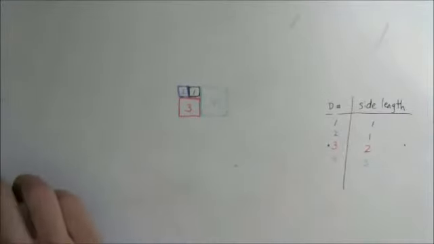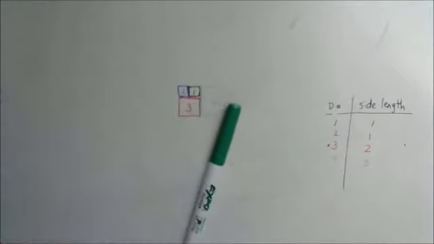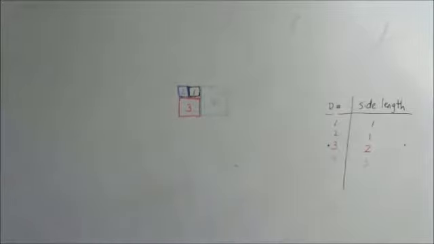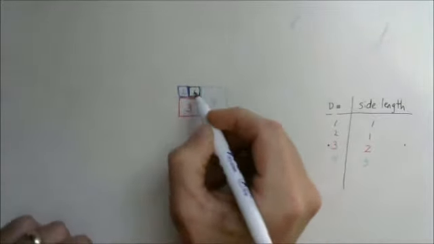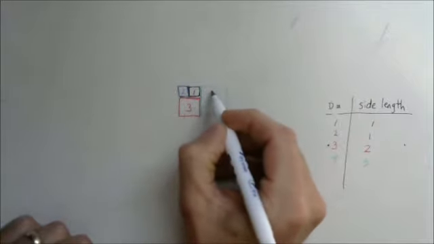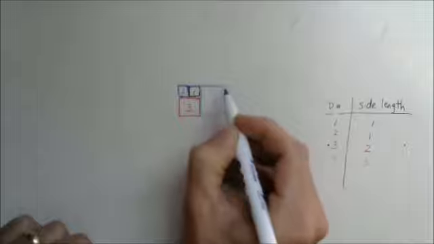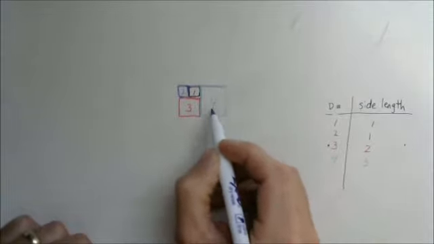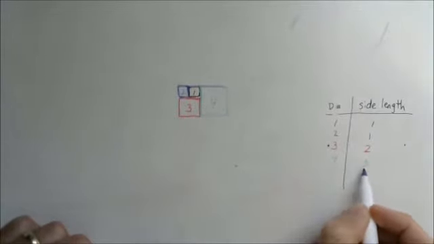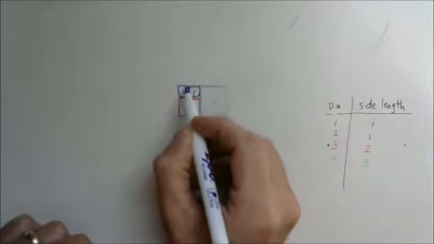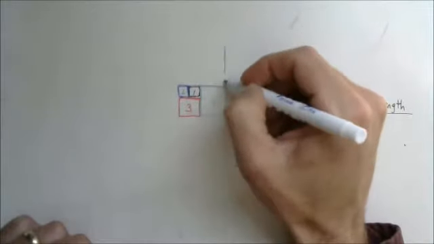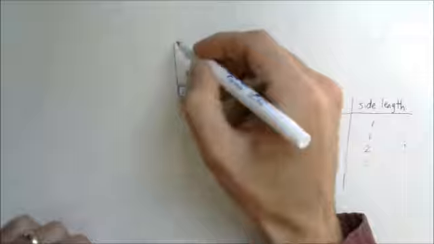And now as I'm working around and around, I'm going to get more colors out because it's fun. And I'm going to draw the next square so you can see we're kind of curling around. The next one is going to have a side length, well, if the side length of diagram 4 was 3 units, 3, 4, 5. So I now have a square with side length 5 units.